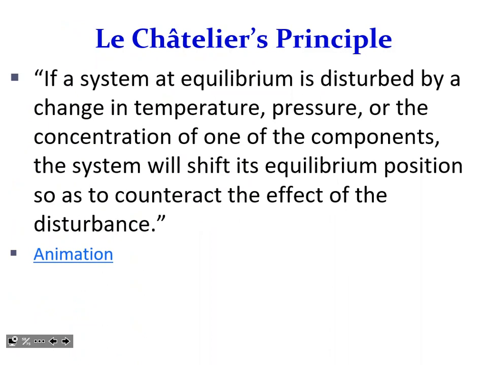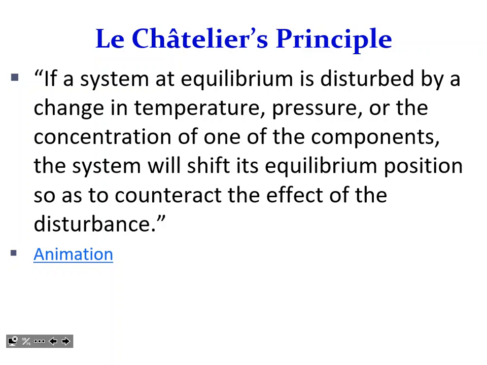Now, the system at equilibrium is disturbed either by a change in temperature, pressure, or concentration of one of the components. Concentration could also be a partial pressure of one of the gas components, because we can measure the amounts by partial pressure. And the system will shift its equilibrium position to counteract the effect of the disturbance.